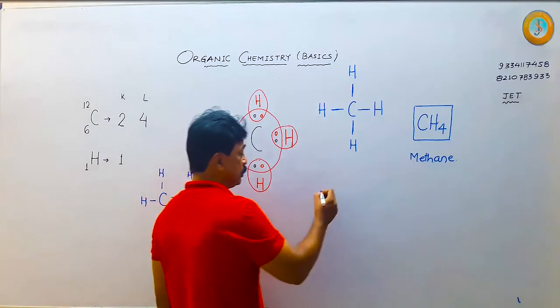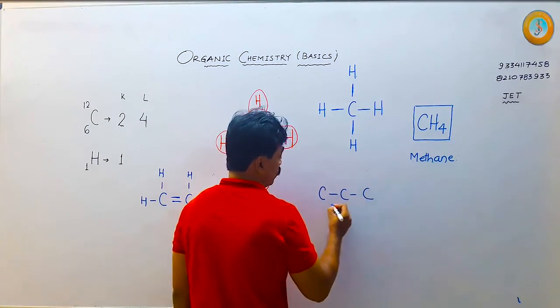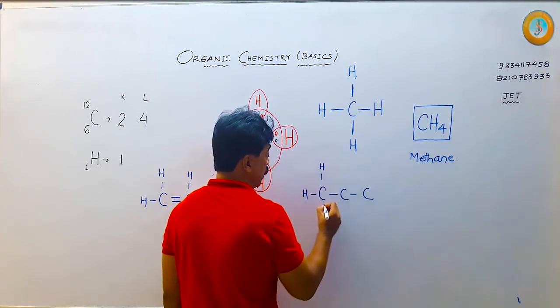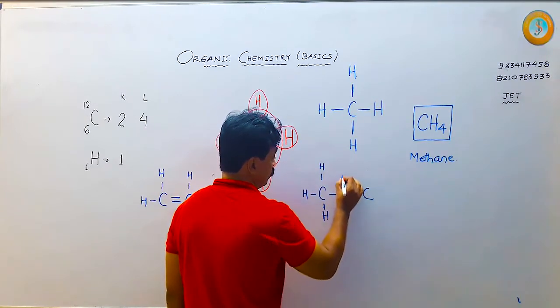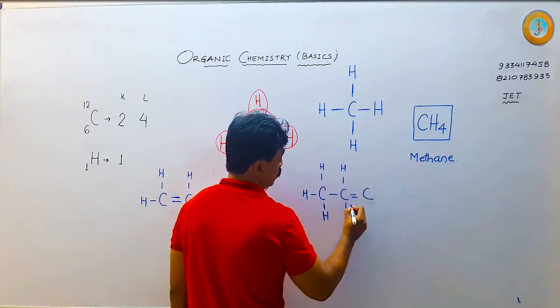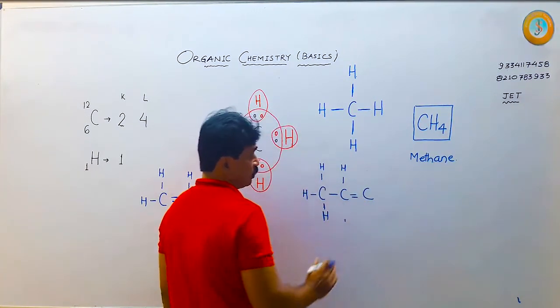Or suppose something like this is there. Now what to do? Then put 4 sticks around each carbon atom. Count 1, 2, 3, 4. Suppose by chance I put one more over here, it is not possible. Then I have to rub off the hydrogen.